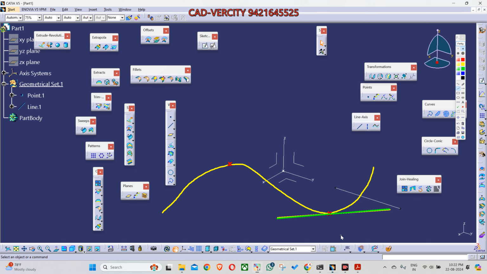Now tell me, can I draw a line normal to the yellow curve? Simple logic. Can I draw a line normal, normal means 90 degrees, to the yellow curve at this point, the red cross?